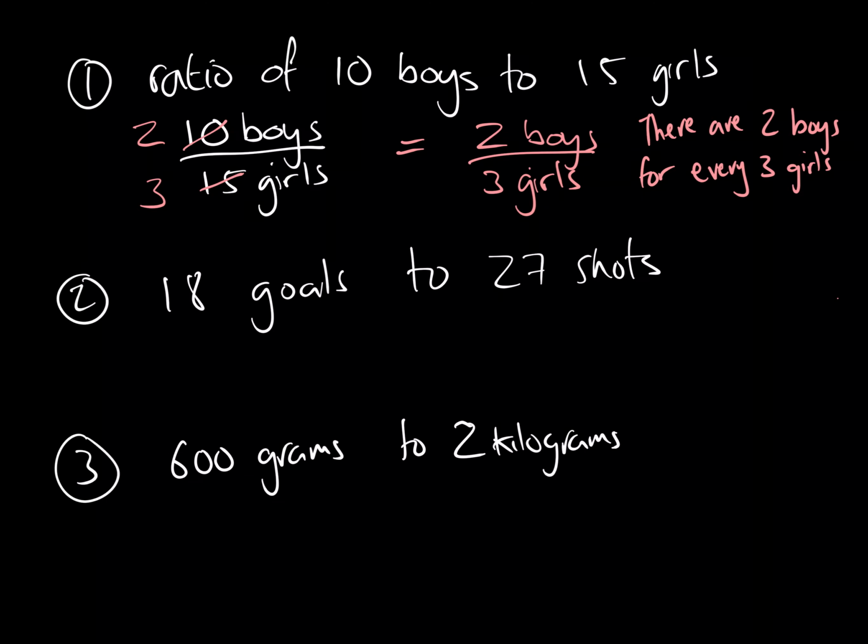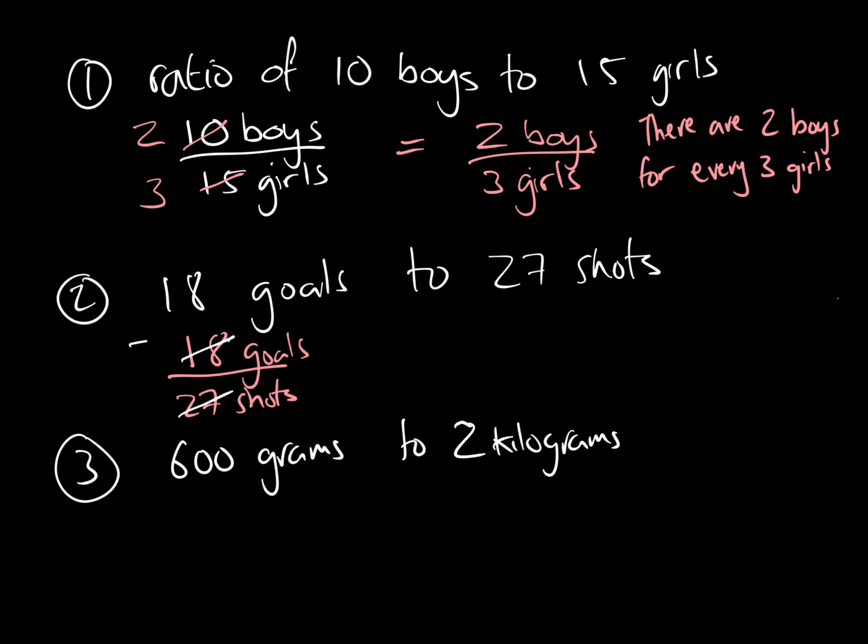Now let's have a look at question number 2. We have 18 goals to 27 shots. So let's write this as a fraction. The first number goes on the top of the fraction, so we have 18 goals to 27 shots. As you can see here again, we can simplify this using the greatest common factor, which for 18 and 27 is 9.